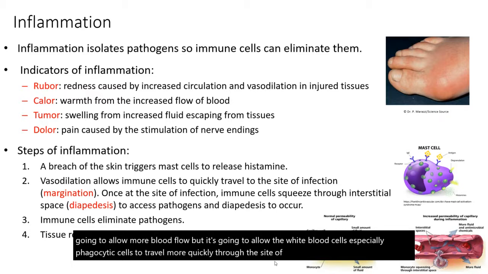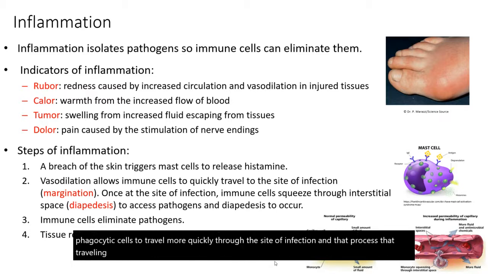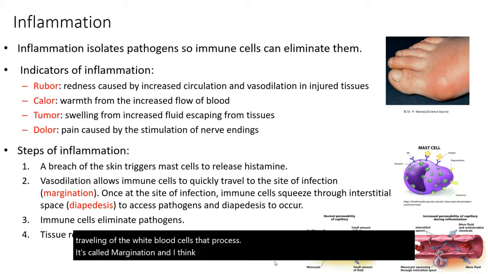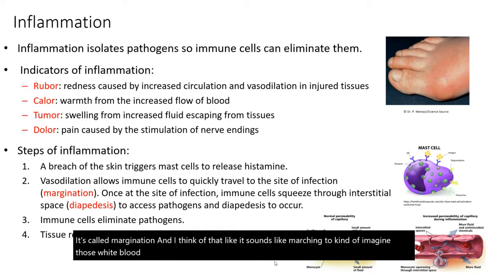That traveling of the white blood cells is called margination. I think of that like it sounds like marching. You can imagine those white blood cells marching to the site of infection.